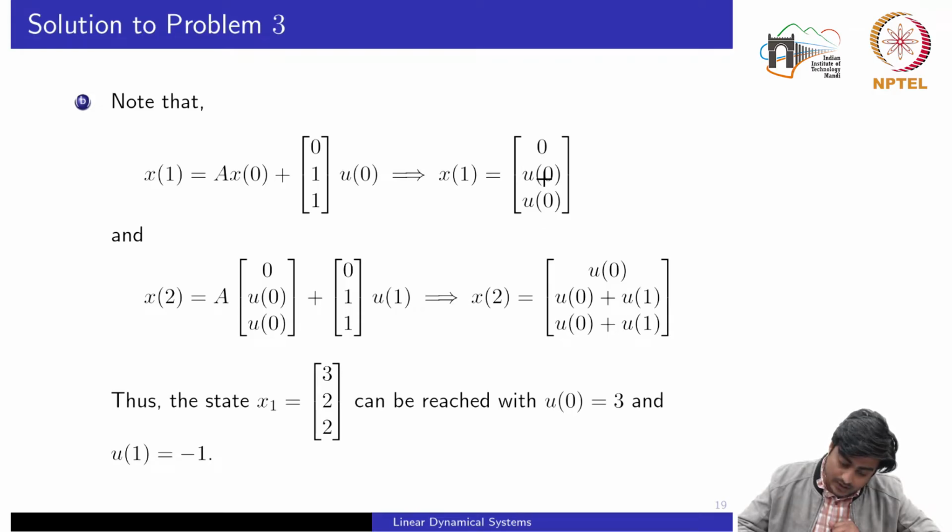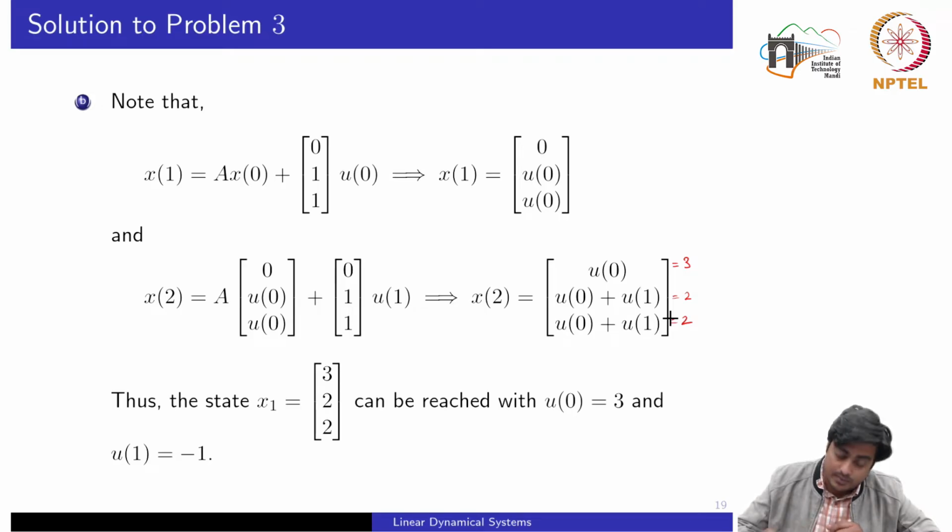Now if we see this step, the first element is 0, but we need the first element to be 3. So in only one step we cannot reach that state value. But if you pay attention here, selecting u0 as 3 and u1 as minus 1, you would see that u0 plus u1 would be 2, and similarly this would be 2.